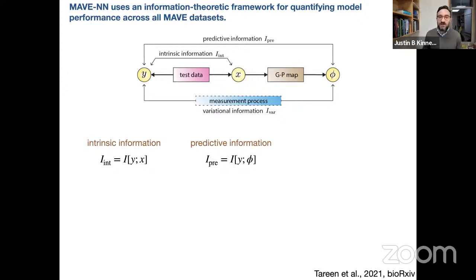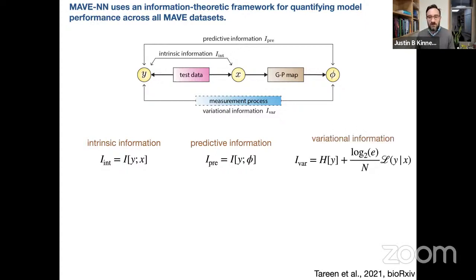It quantifies the mutual information between the MAVE measurement Y and the value of the latent phenotype predicted by the genotype-phenotype map. And then finally, there's a quantity that we call variational information. This is actually just an affine transformation of log likelihood, but it's transformed in such a way that it can be directly compared to the other information theoretic quantities.